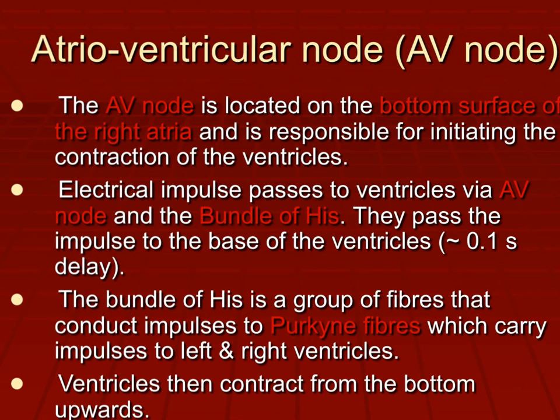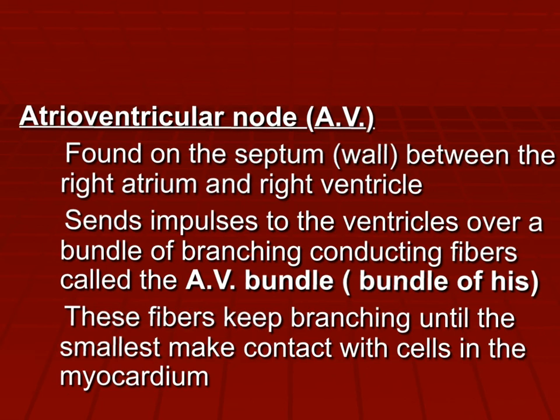The bundle of His is made up of a group of fibers that carry those impulses to the left and right ventricles, and then the ventricles can contract from the bottom upwards. Again, the atrio-ventricular node is found in the septum, the wall between the right atrium and right ventricle. It sends the impulse, and that allows the heart to contract.